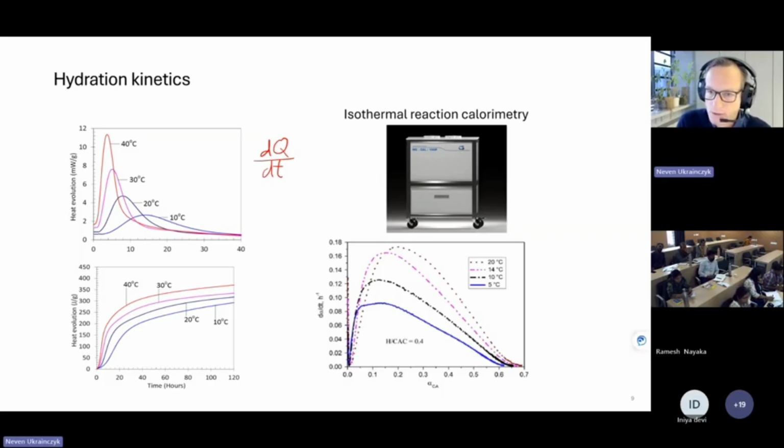So it's the differential. So you need to actually divide this by the total heat. If you divide by total heat, which is here, if you extrapolate, you would get here a value which is Q tot.